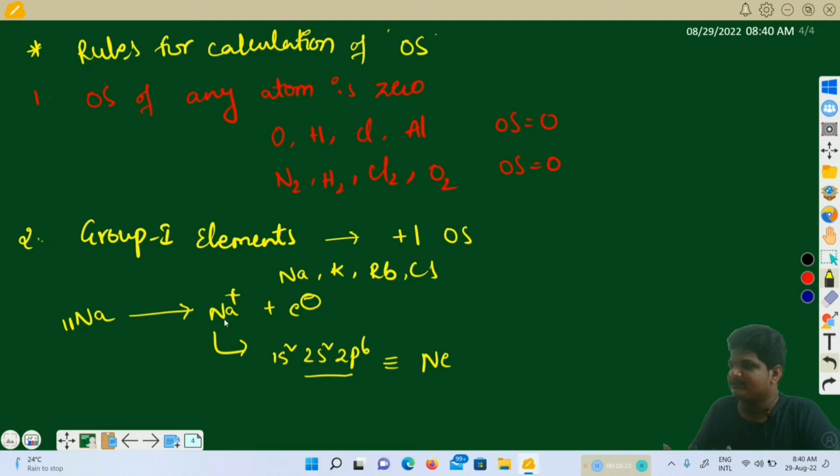After removal of one electron, it has only 10 electrons. This configuration is similar to an inert gas configuration, so it is more stable. So group 1 elements exhibit only +1 oxidation state.